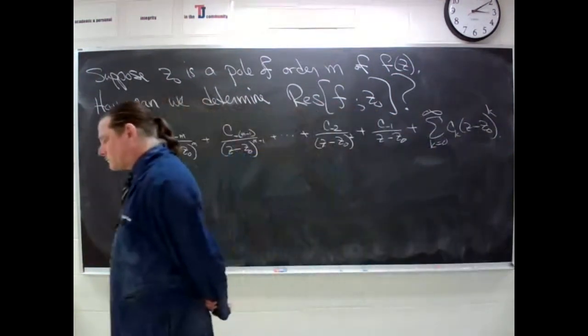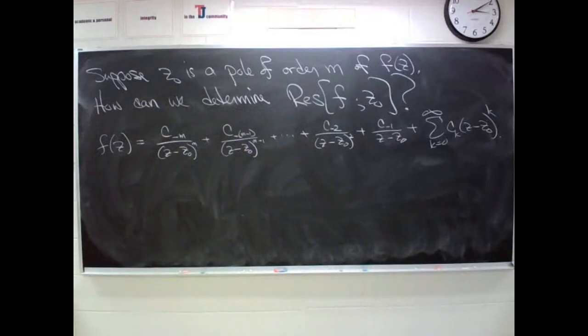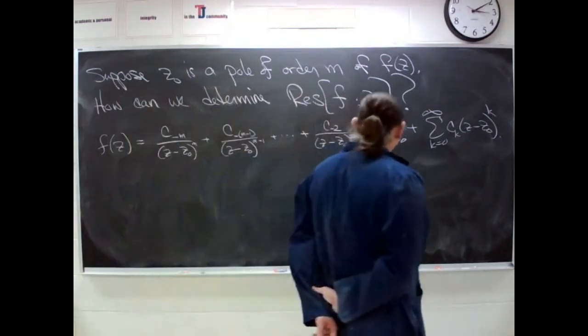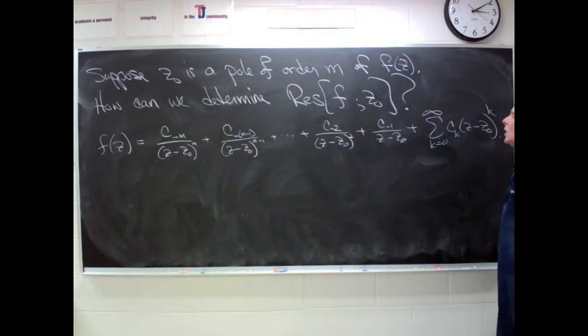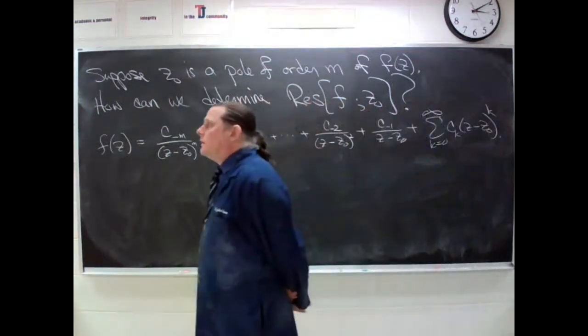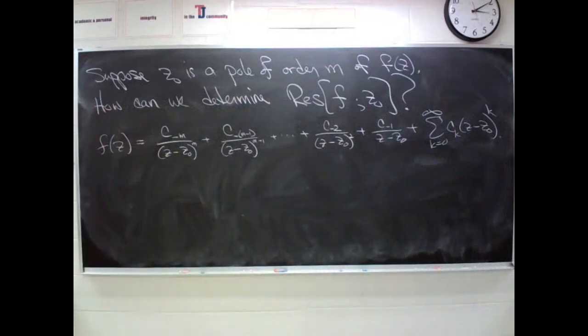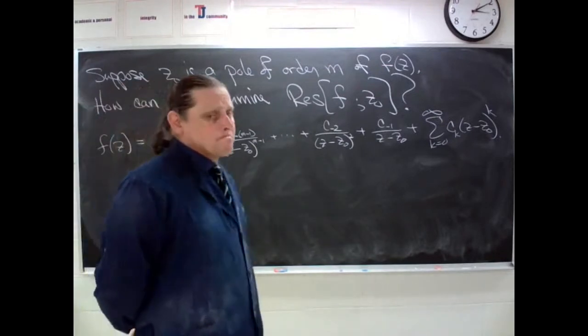The residue is c sub negative 1. So that means that I could get at this residue by taking derivatives of a function.